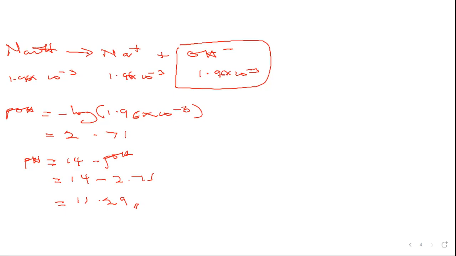So, for example, when we mix acetic acid and NaOH, we are going to form sodium acetate as our salt. And the salt of a weak acid is always strong, and the salt of a weak base is always strong.